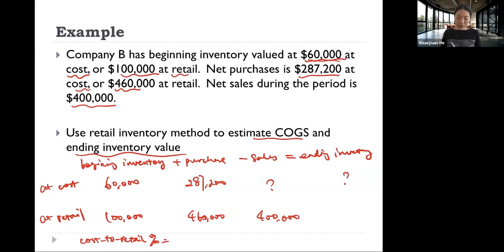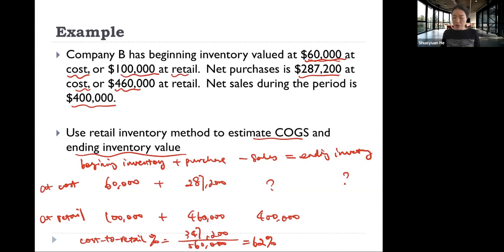We take the goods available for sale at cost, which is 60,000 plus 270,200, and we divide it by the goods available for sale at retail, which is 100,000 plus 460,000. So this is basically 347,200 divided by 560,000. And then this ratio is 62%. So this is step one.